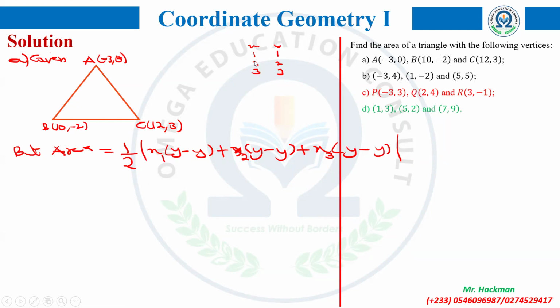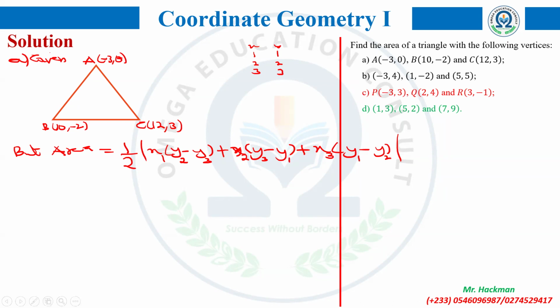From 1, you go to 2. From 2, you go to 3. I want you to see the pattern. From 3, do you go to 4? No, you come back to 1. So it will be 1, 2, 3; then 2, 3, 1; then 3, 1, 2. As simple as that.